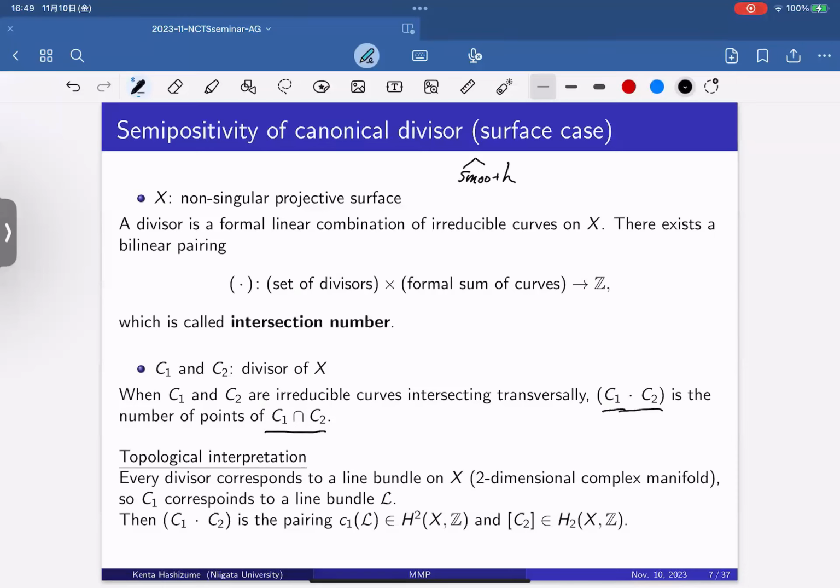For every divisor on X, there is a corresponding line bundle L on X. For example, C1 corresponds to a line bundle L. Then we can define the first Chern class of L. Then the intersection number of C1 and C2 is the pairing of the first Chern class and the second homology class defined by C2.